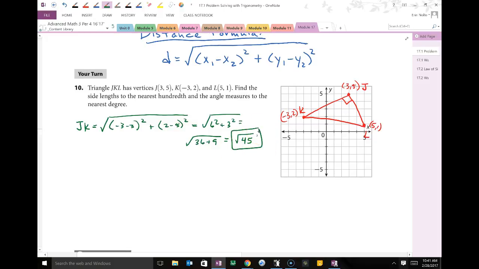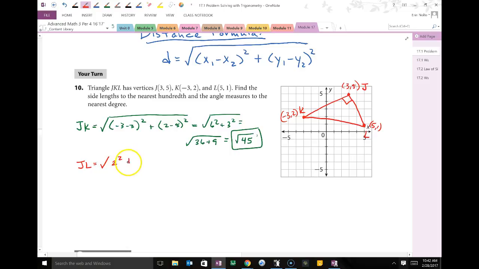Now what side do you want to do? J to L. So what's your change in x's? 2. Is it okay if I go straight to 2, or do I need to say how I got 2? It's straightforward?